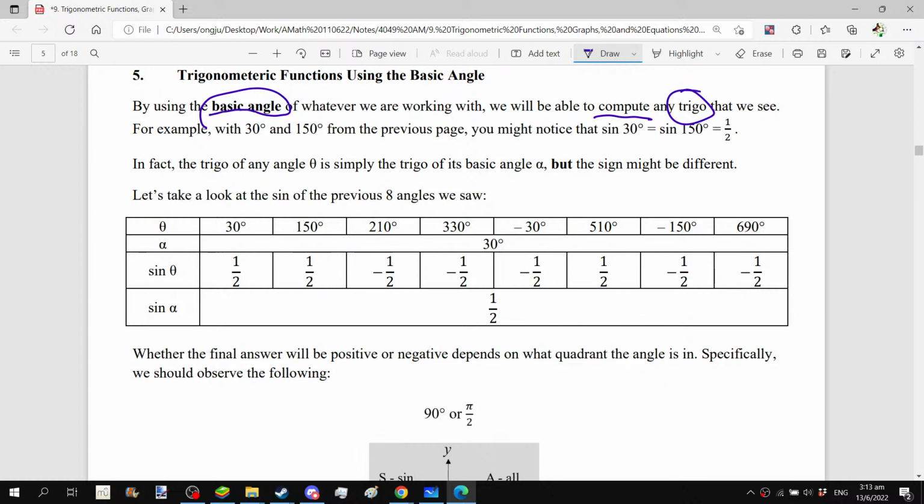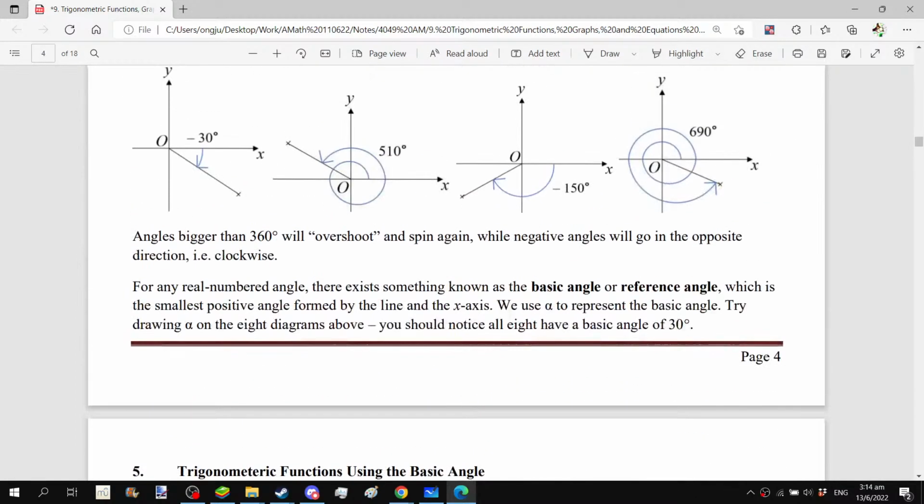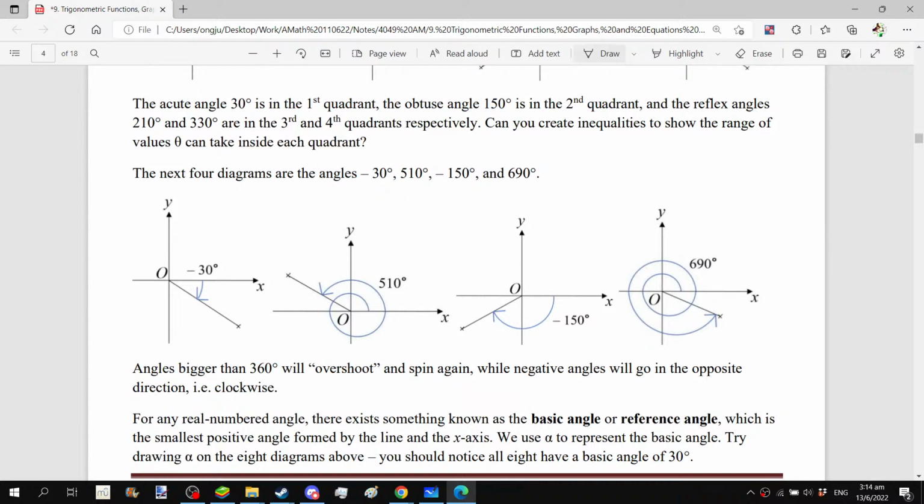And how we find this basic angle is to specifically look at the separation of the original angle, the big or small angle, compared to the x-axis, right?